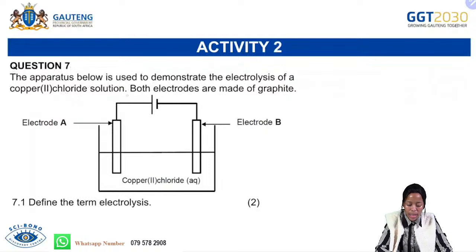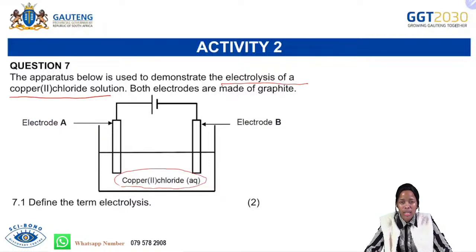So we have some important information here. The electrolysis of a copper 2 chloride solution means that they are talking about the electrolyte. So very important, the electrolyte is copper 2 chloride.